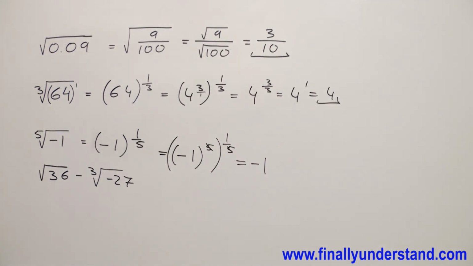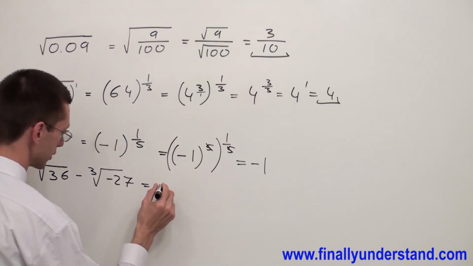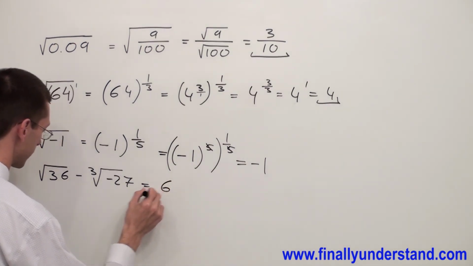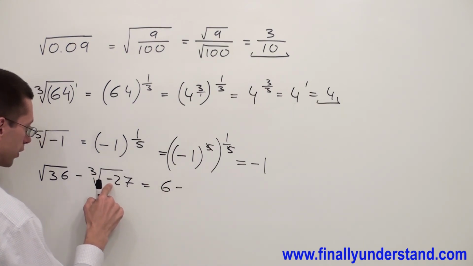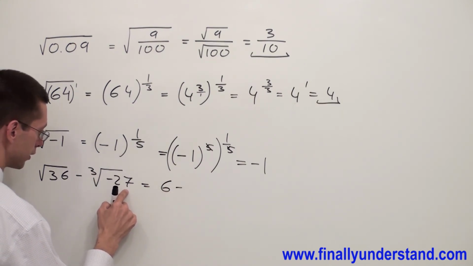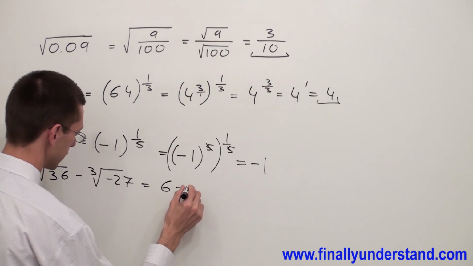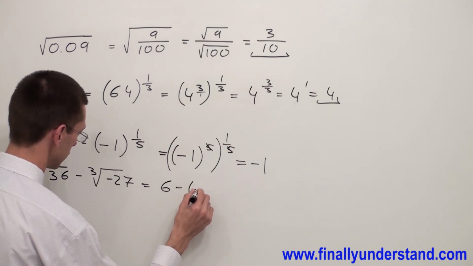Let's take a look at another example. I have square root of 36 minus cube root of negative 27. Now, square root of 36 is 6 minus cube root of negative 27 is negative 3.